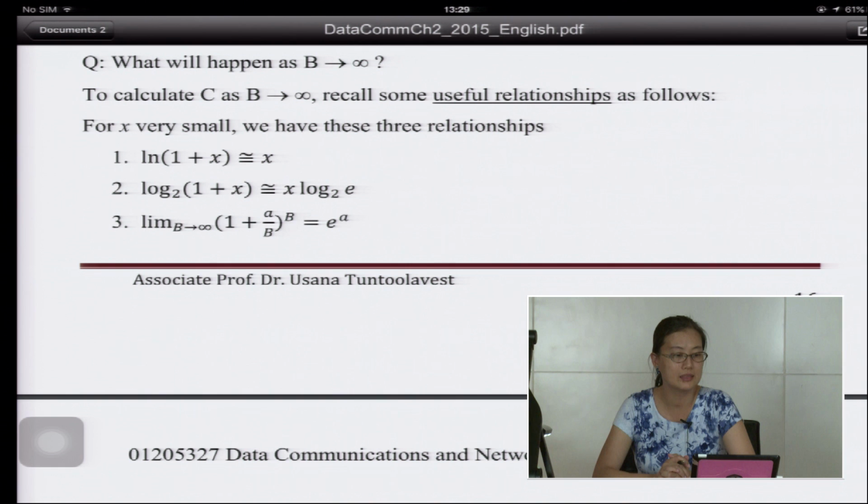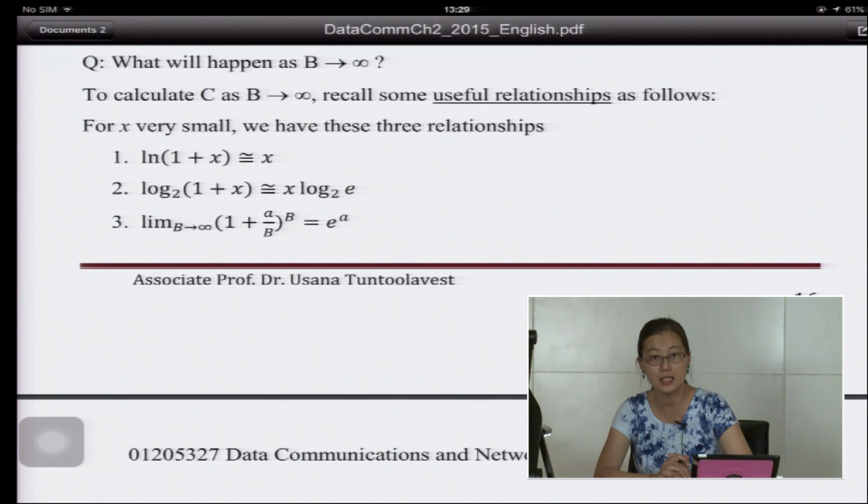Second, log base 2 of 1 plus x is approximately x times log base 2 of e. Third, the limit as B goes to infinity of (1 plus a over B) to the power B equals e to the a.